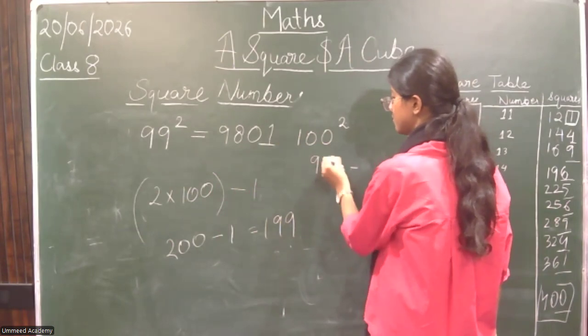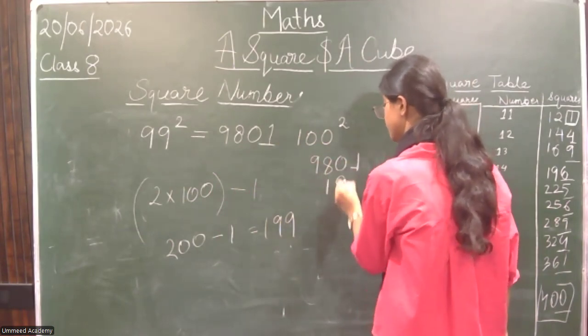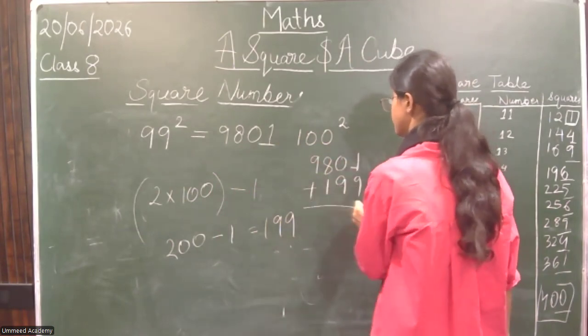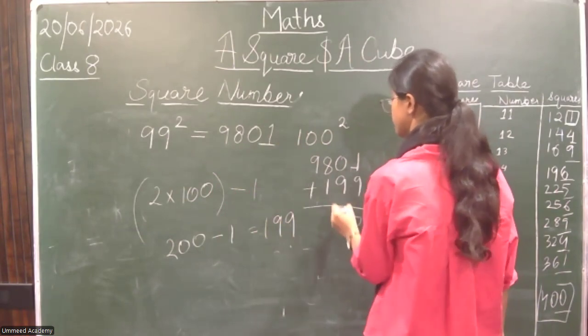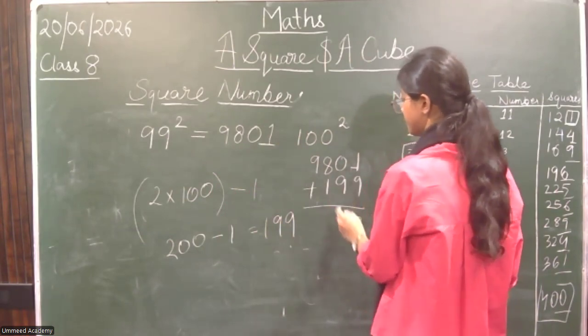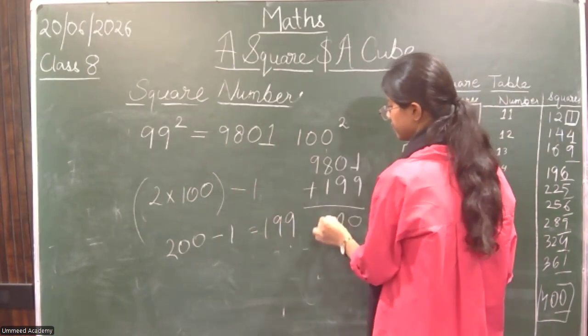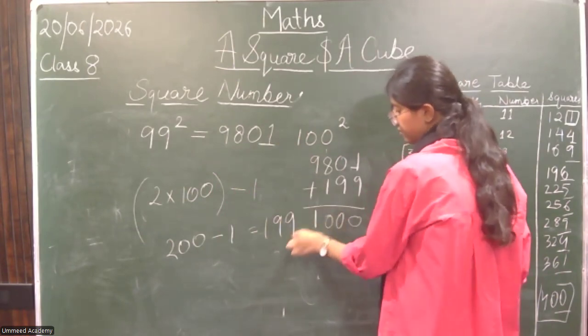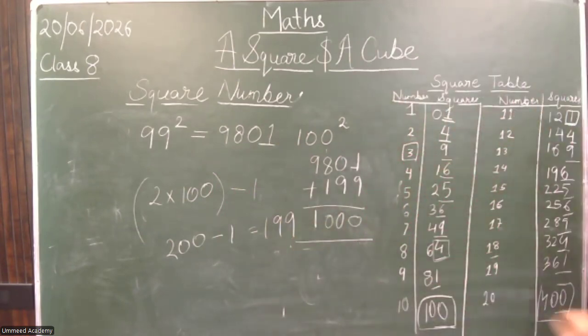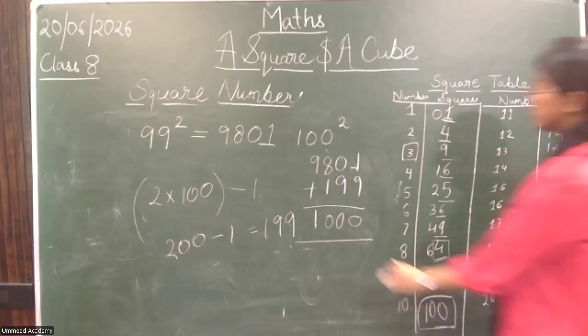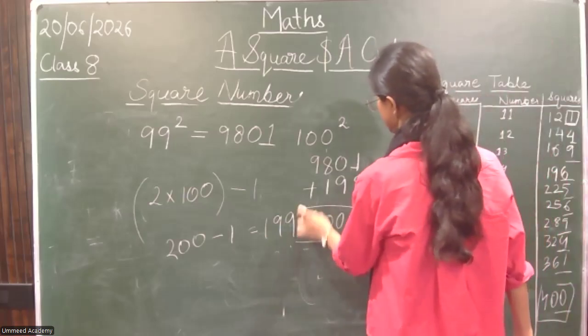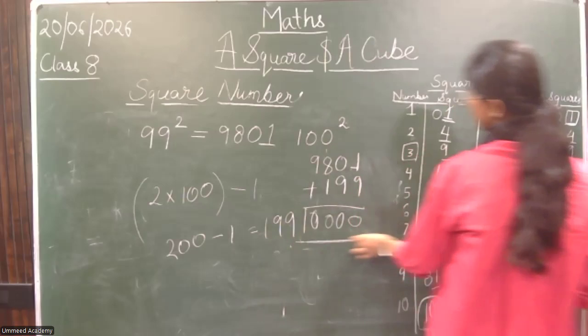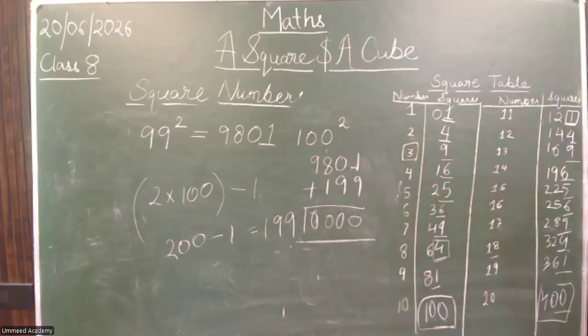Miss, 1000. Ma'am, clear? 10,000. Sorry, 10,000. Clear? Yes, ma'am.